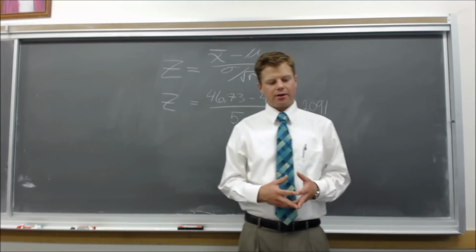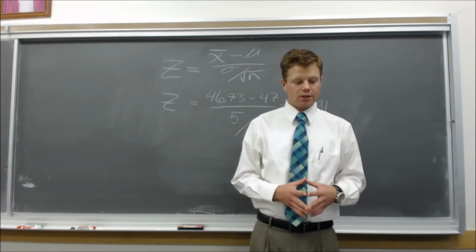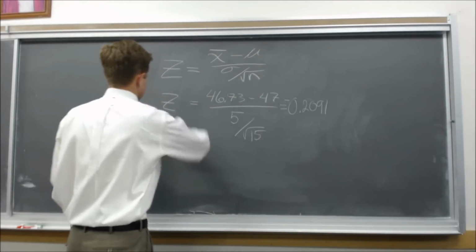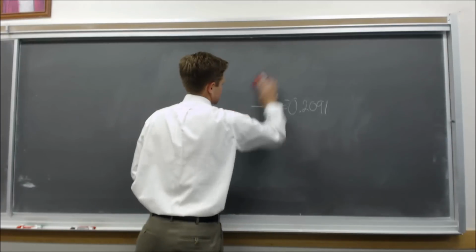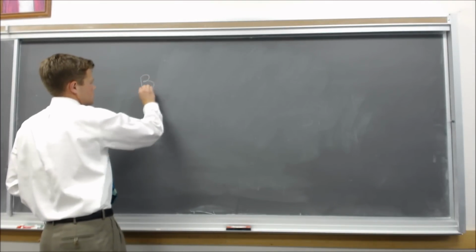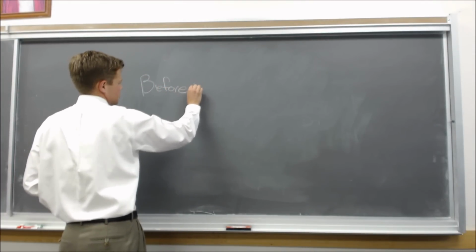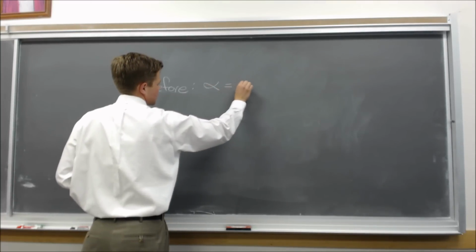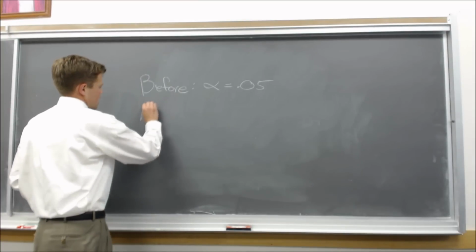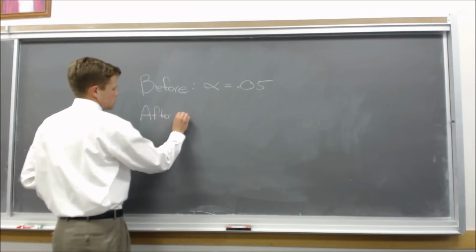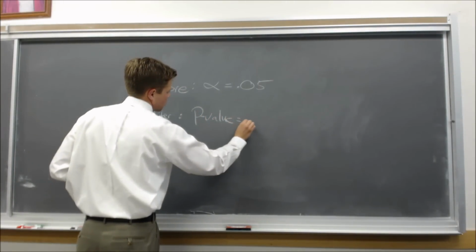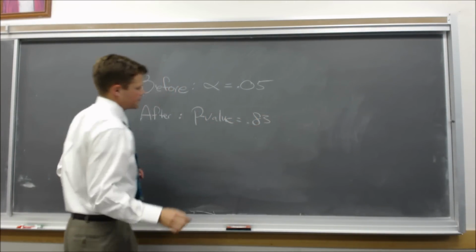Part 6, compare the p-value to the level of significance, or the alpha level. Do we reject the null hypothesis or fail to reject? Okay, so let's write this up really quick so that we can see what we're going to do. Before the test, we chose an alpha level of 0.05. Now, after the test, we found that our p-value was 0.83.